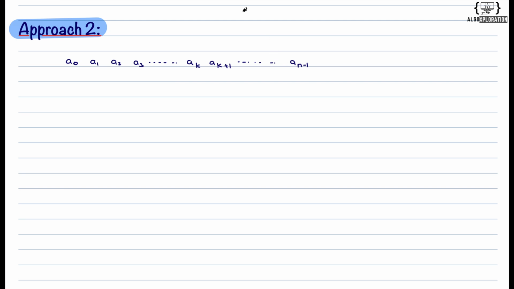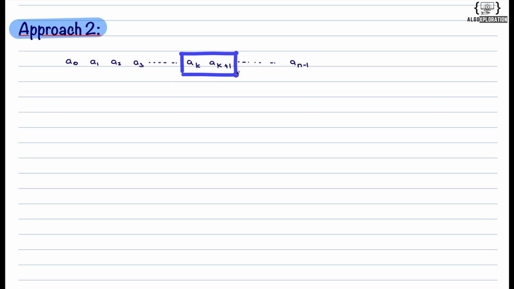Let's see if we have this array in sorted order. Now let's imagine that the length of this array turns out to be even. So if the length of an array is even, to find the median we need to consider two elements. Now let's imagine that these are the two elements.